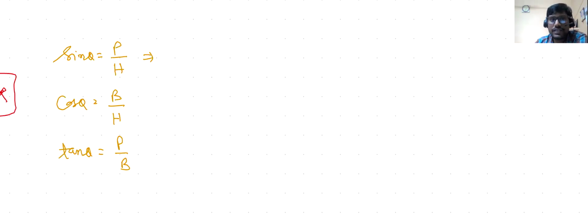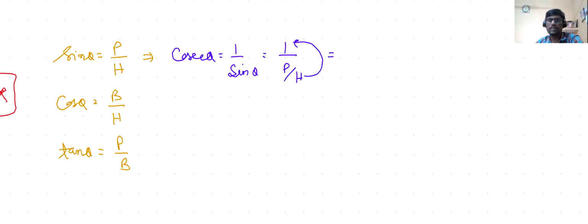The inverse of sine theta is cosec theta. So cosec theta is equal to 1 upon sine theta. 1 upon sine theta means 1 upon P upon H, and H carries toward the upper side, toward the numerator. So definitely it would be hypotenuse upon perpendicular. This is the simple ratio for cosec theta. Same case, you can say what?